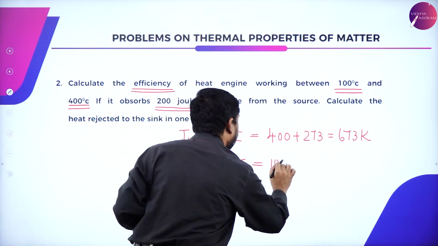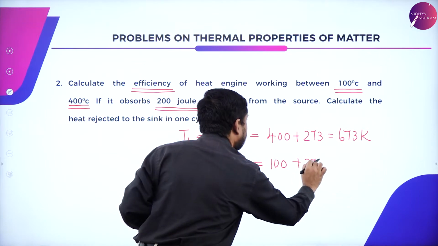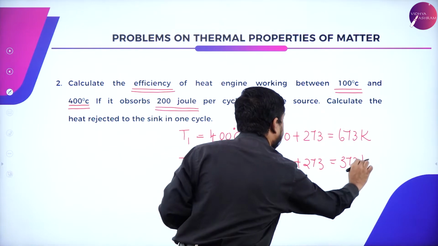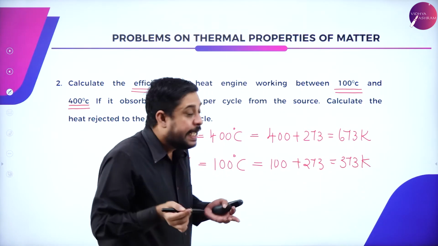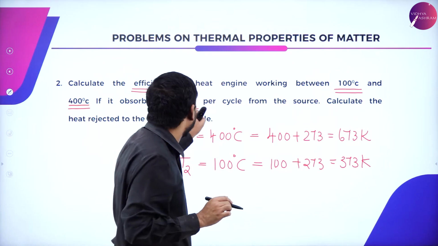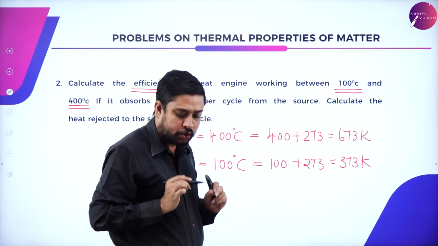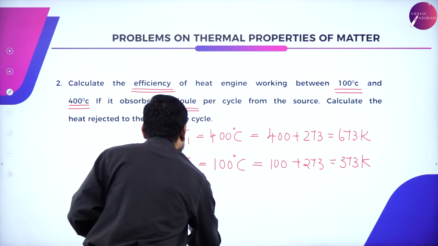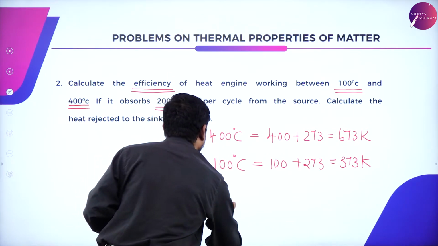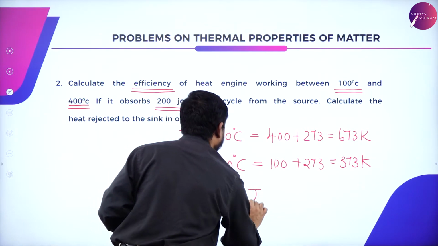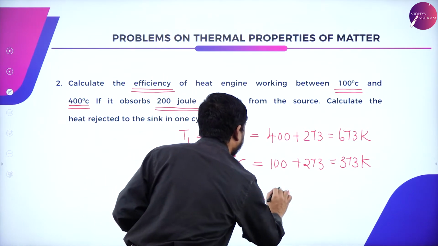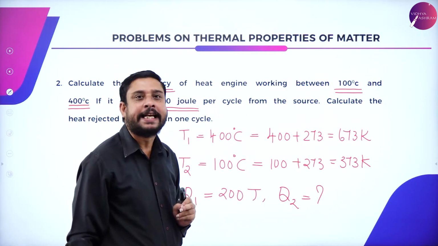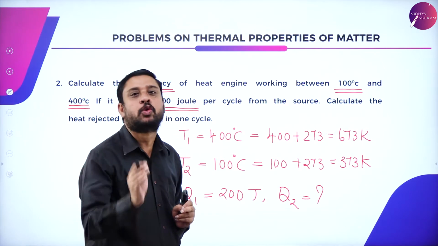So this is 100 plus 273, which is 373 Kelvin. It is absorbing 200 joules of heat from the source. So Q1 is 200 joules. I have to calculate Q2, which is the amount of heat rejected to the sink.